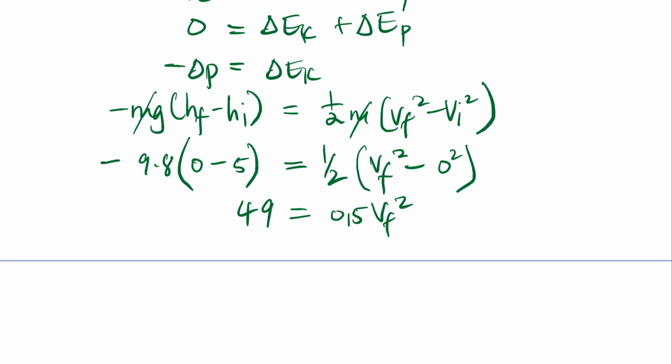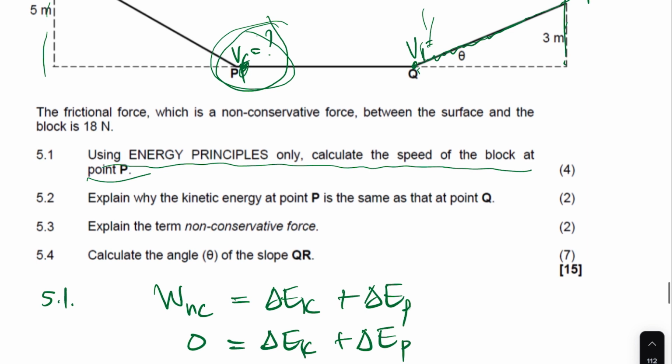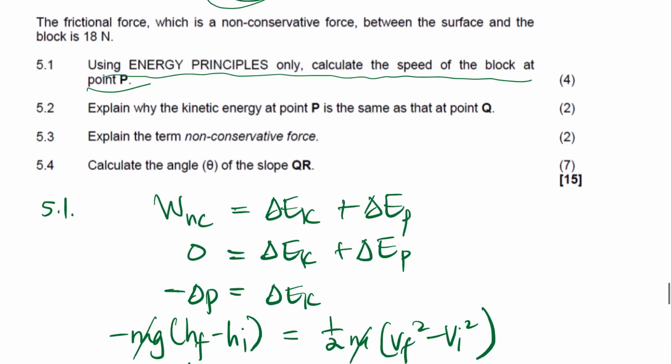So 49 divided by a half, and then we take the square root of the answer. It's going to be vf equals 9.90 meters per second. So it reaches the bottom here with a velocity of 9.9.